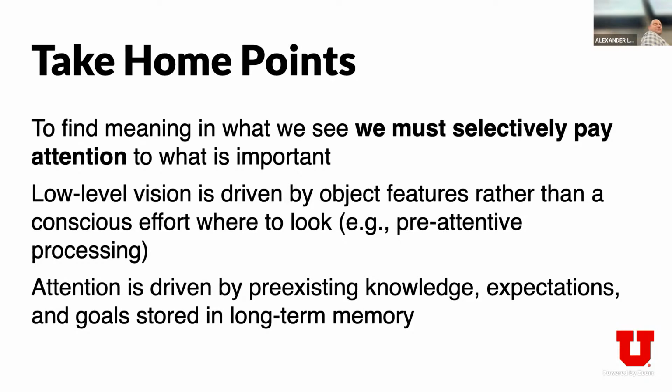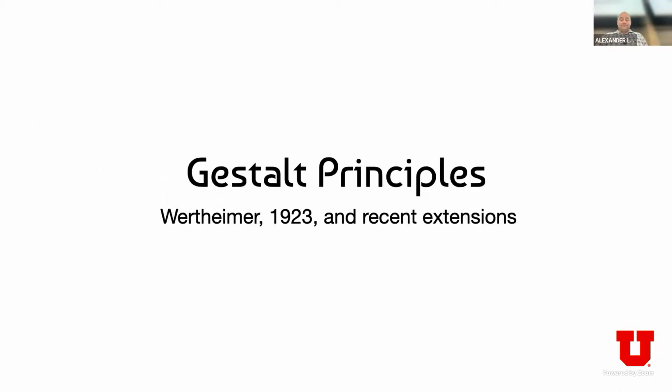The low-level vision we have is driven by object features rather than any conscious effort of where to look. This is the pre-attentive processing and pop-out that I mentioned earlier. And attention is also driven a lot by pre-existing knowledge and expectations. For example, we expect people to speak, right? So we look at their faces and we might miss stuff that's around there. And the goals that we have stored in our long-term memory.